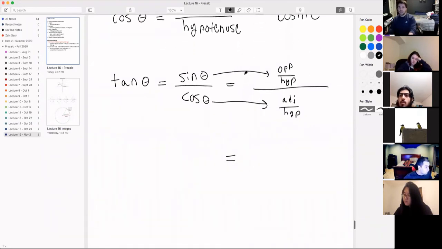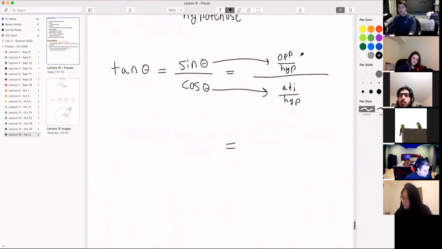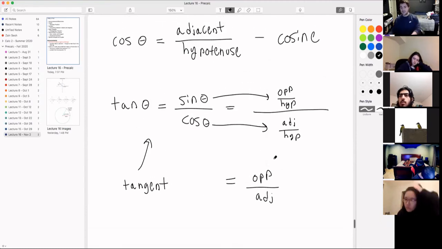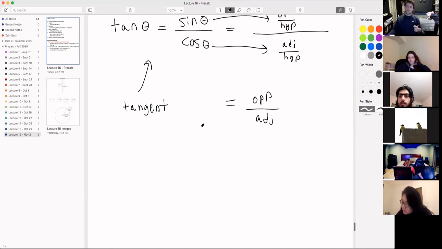So now if I actually just divide these fractions, so do the keep, change, flip, you will get that this complex fraction here will reduce to just opposite over adjacent. Okay, and this is tangent. Okay, so thus tangent is just the length of the opposite side divided by the length of the adjacent side.